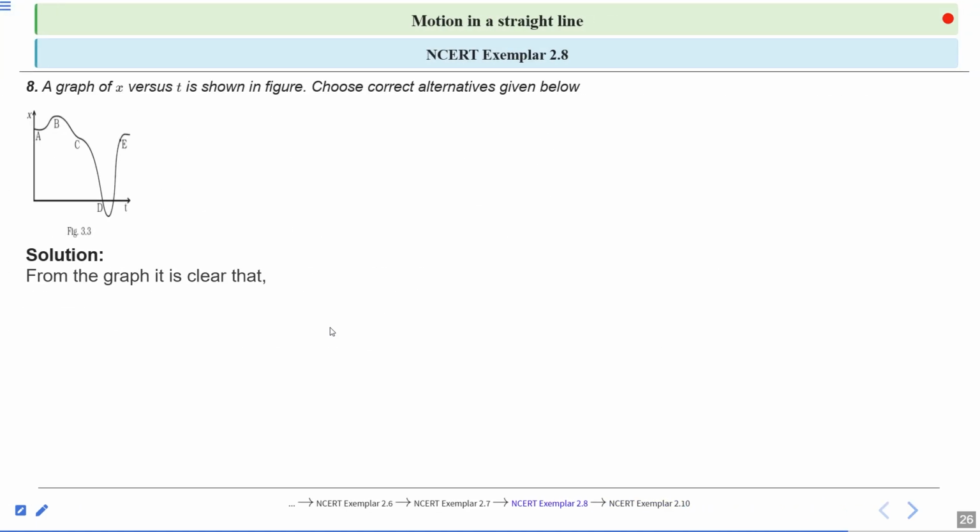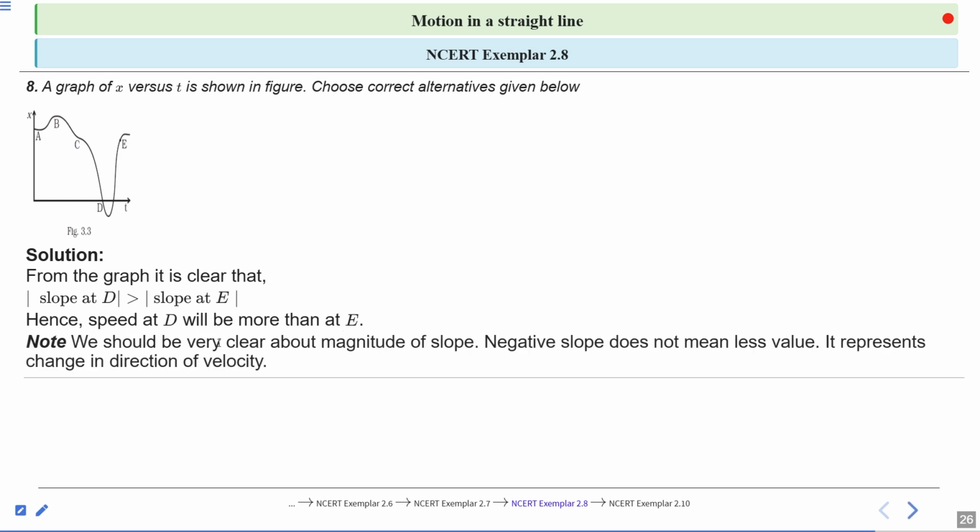So from the graph, it is clear that the magnitude of slope at D is greater than the magnitude of slope at E. Hence, speed at D will be more than at E. The important point here is this: we should be very clear about magnitude of slope.